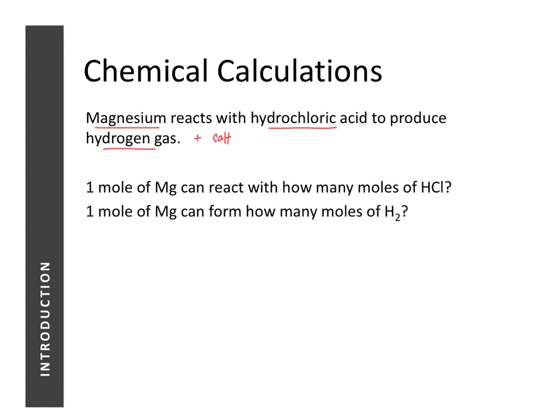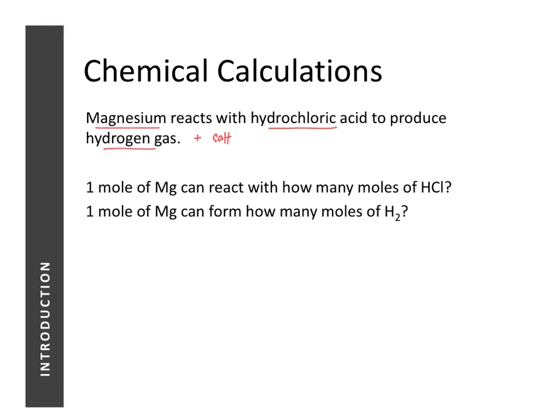We were told in the previous question that each cat can catch 2 mice. But in a chemical reaction, how do we know that 1 mole of magnesium can react with how many moles of hydrochloric acid? Similarly, 1 mole of magnesium can produce how many moles of H2? How do we tell the relation?